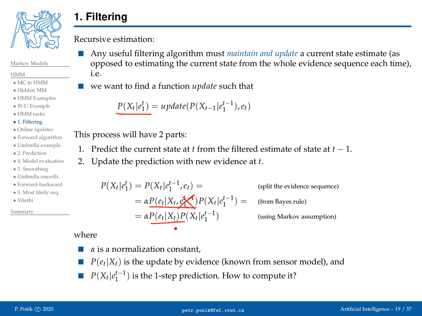So we have found a first step in the filtering algorithm: you can compute this quantity by this thing here. And you can see that this is the emission model, right?